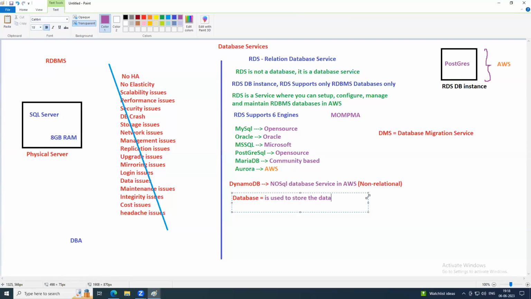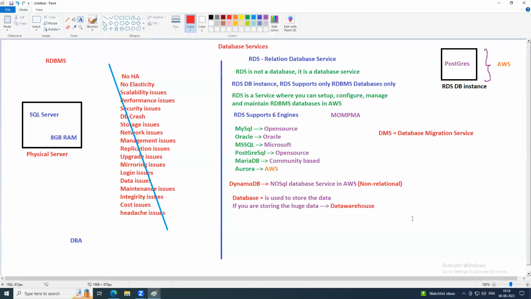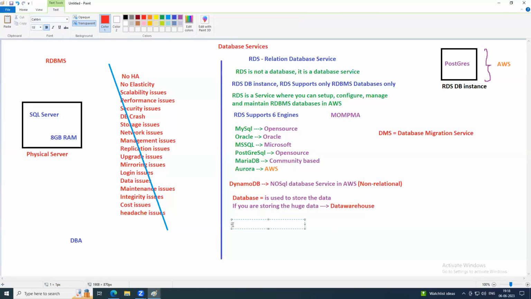But if you are storing huge data, this is called a data warehouse. So what is the data warehouse service in AWS? Redshift. It's a data warehouse in AWS.